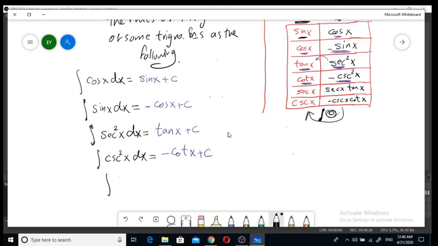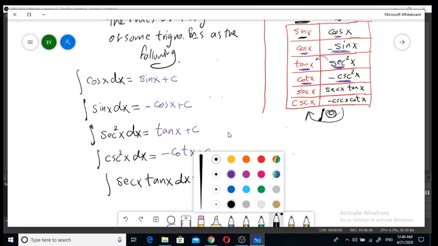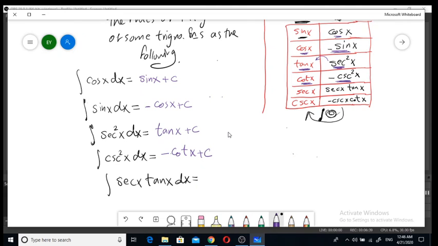If we need to find the integral of sec x tan x with respect to x, if we check the table, the differentiation of sec x will give us sec x tan x. So the integral of sec x tan x is going to be sec x plus c.